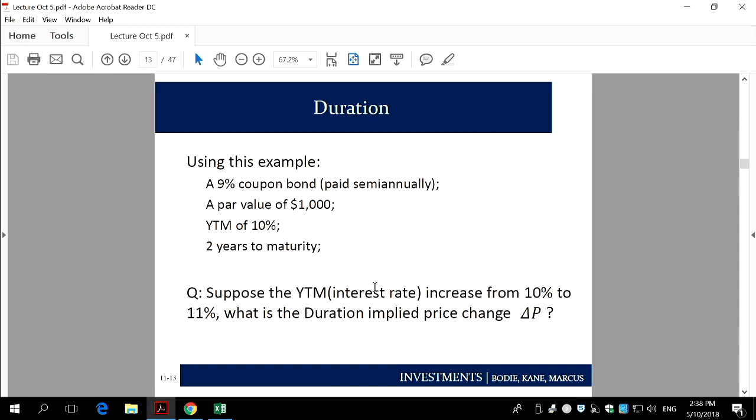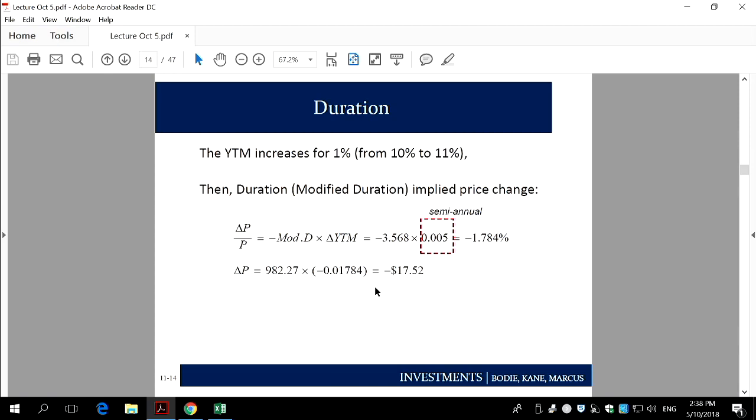Suppose we have an interest rate change. What does duration imply for the price change? And remember, the percentage change of price equals modified duration times the change of yield to maturity. If yield to maturity goes from 10 to 11, what's the delta yield to maturity? You should plug this in.